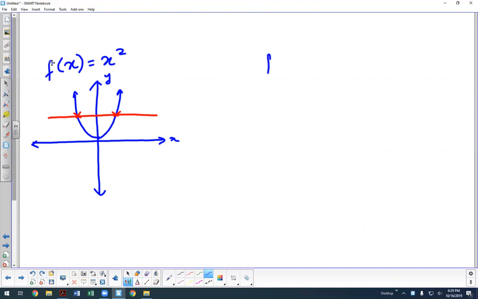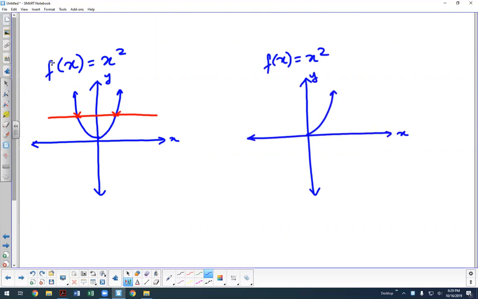However, if I take the same function and only look at one side of that parabola, so basically just use this one arm instead of doing the other side also, which means we are actually restricting our domain and we're saying x can be 0 or greater than 0. So that means I'm only looking at the right-hand side of the domain. We're ignoring the left-hand side.